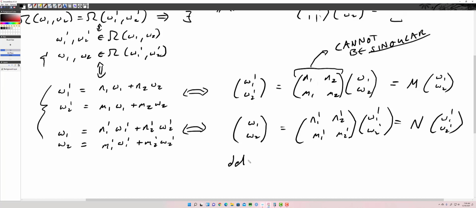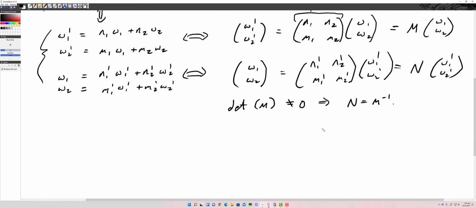The determinant of m can't be 0, and therefore n equals m inverse. Further, let's say the determinant of m was k. Then the determinant of n would be 1 over k.